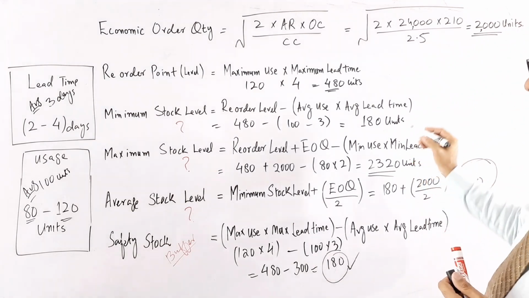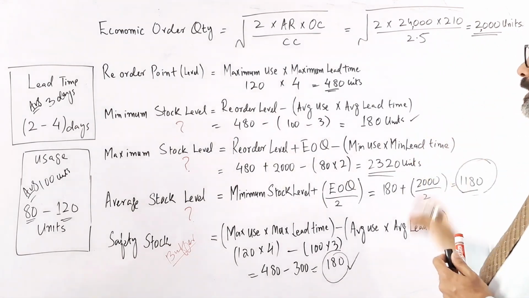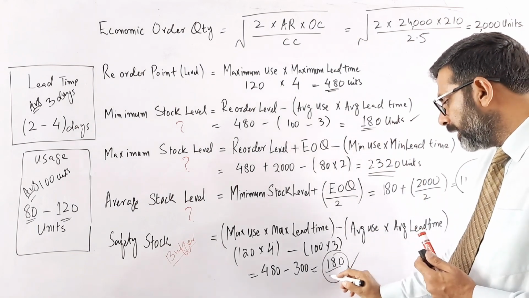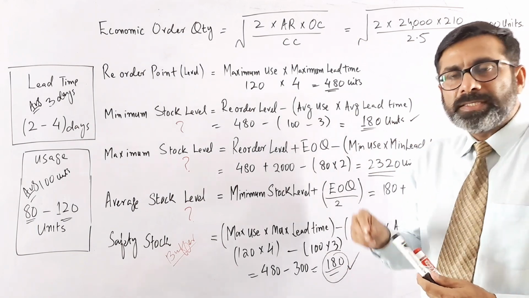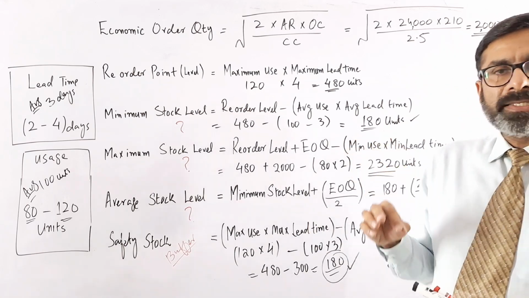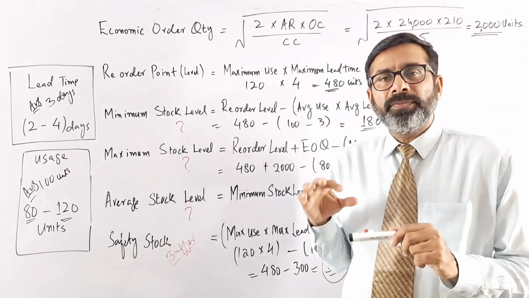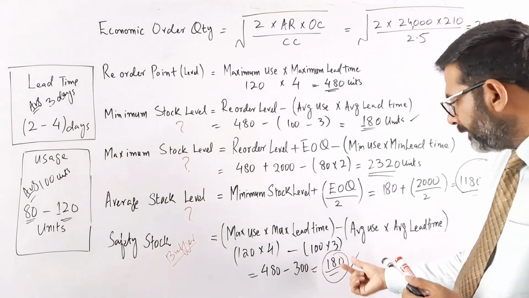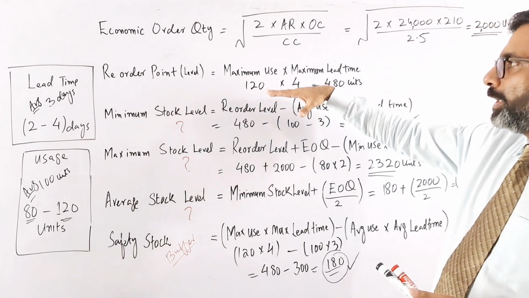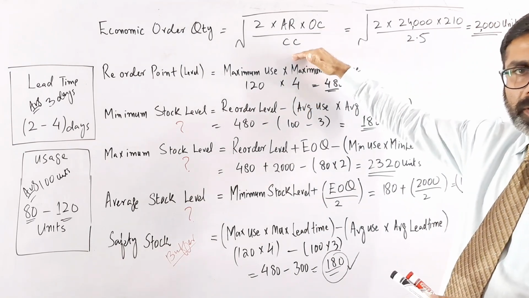If we just see, this is almost the same, that we have 180 units and 180 units. So this is the safety stock which they should keep as a buffer stock. Means every time they should have at least 180 units available with them. So we have calculated here the economic order quantity.